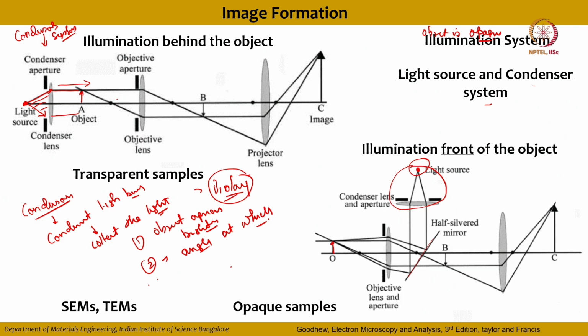Okay, and this condenser lens system in TEM usually is used to converge the beam, which is very important in TEM, for taking convergent beam diffraction patterns. So we will come to that at a later stage. But remember, for any image formation in a basic electron microscope or the optical microscope, these three main systems are very much needed: condenser system, objective system, and the projector system.